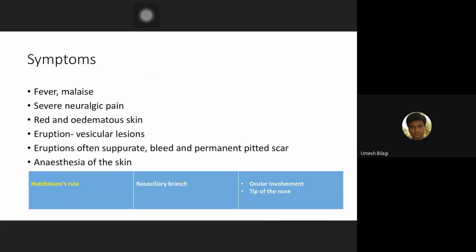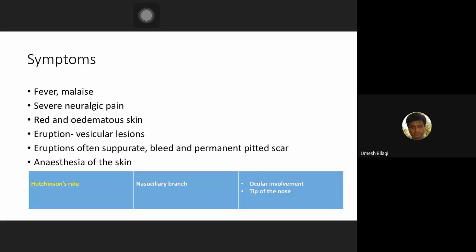What are the symptoms of herpes zoster ophthalmicus? To begin with, they will have a fever followed by malaise, and they will have severe neuralgic pain, and the skin will become red and edematous. That is followed by vesicular eruptions. These eruptions will become suppurated, and they will bleed and form pitted scars.